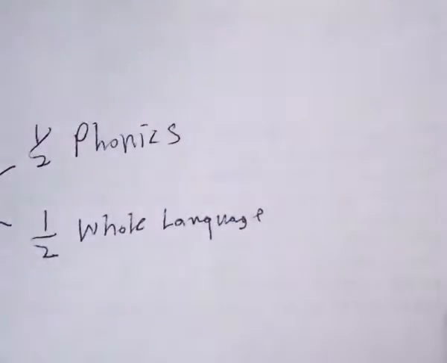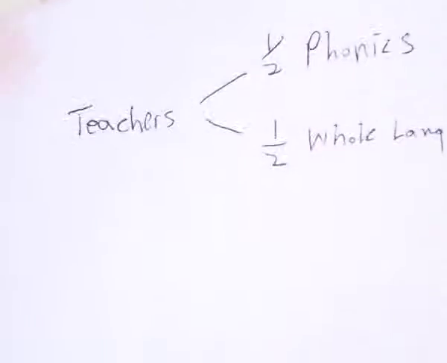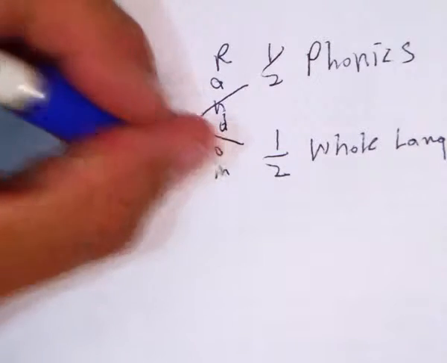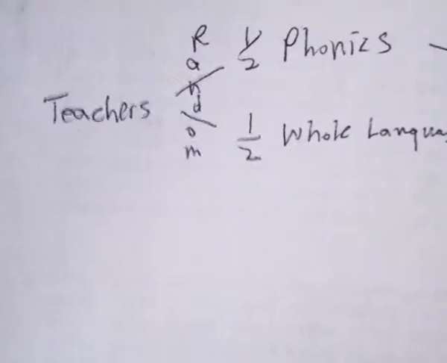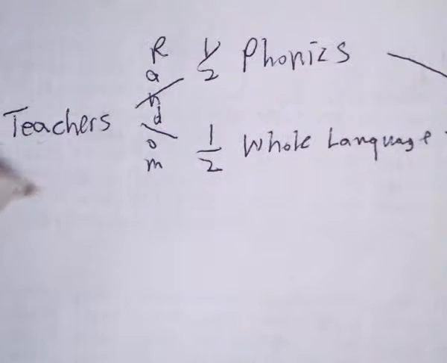Okay, and then at the end of the day, you're going to compare. You're going to randomly assign half your teachers to use phonics and half to use whole language. Got it. So these are your subjects.